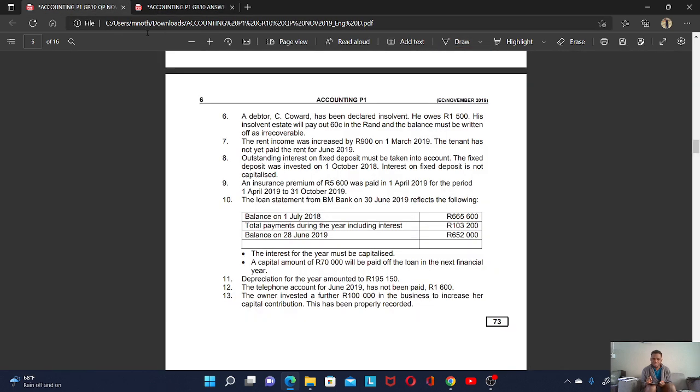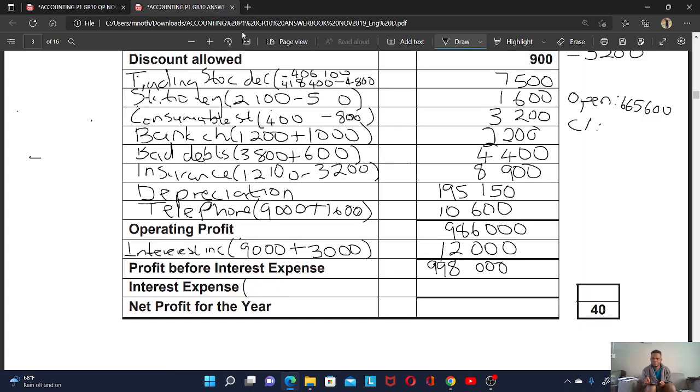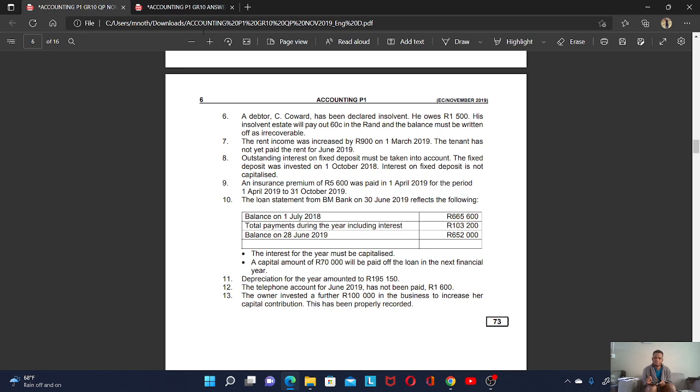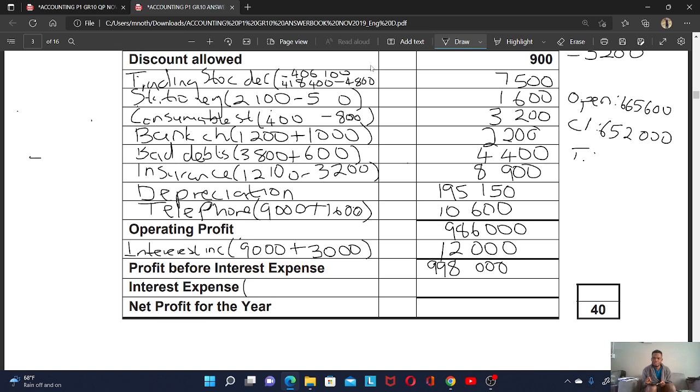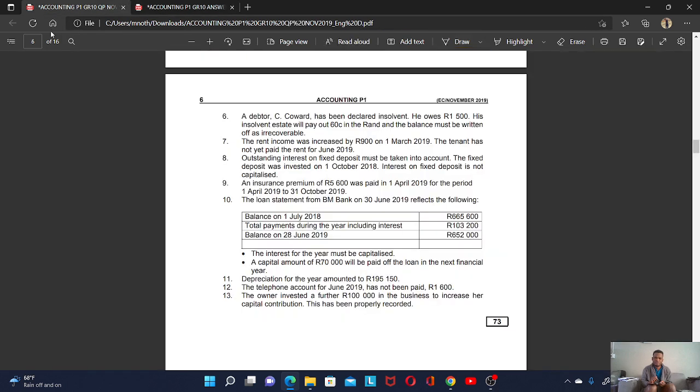The closing balance is 652,000. Total payments including interest is 103,200.